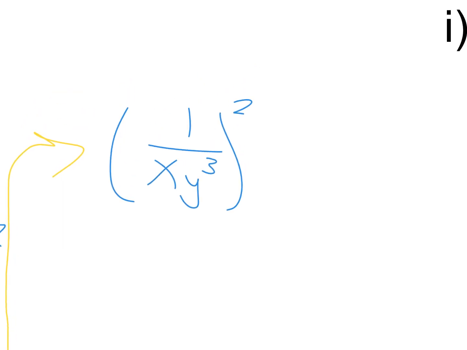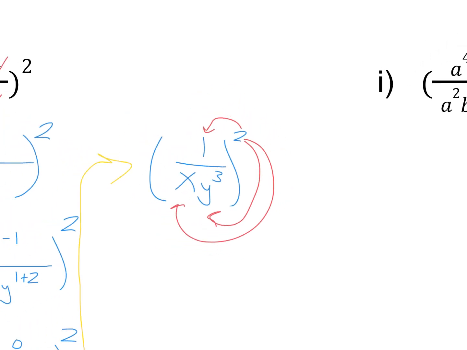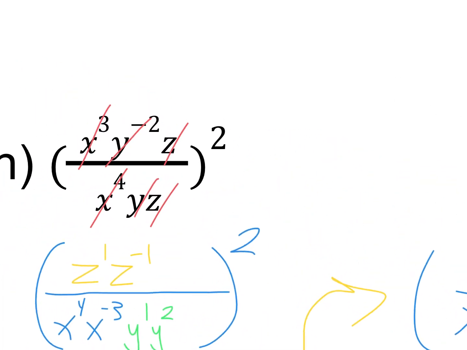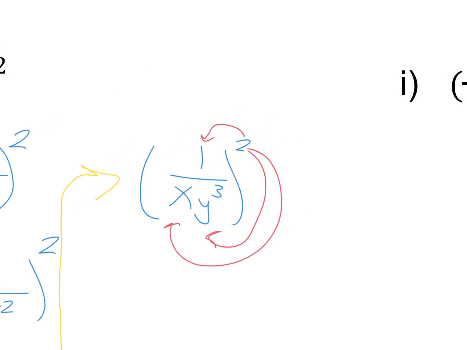Now I need to finally distribute this exponent to each piece inside the parenthesis. And now this is going to be a whole lot easier because notice I only have to distribute it to 3 things. If I would have done this step first, then I would have had to distribute it to 1, 2, 3, 4, 5, 6 things. And then after that, we still would have had to clean up the inside. So this is definitely a faster method.